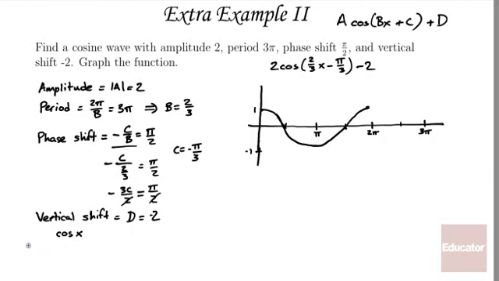Next, I'm going to introduce the amplitude. So I'm going to talk about 2 cosine x. That just stretches it vertically up and down. So that goes up to 2 and down to negative 2. Next, I'm going to adjust the period.